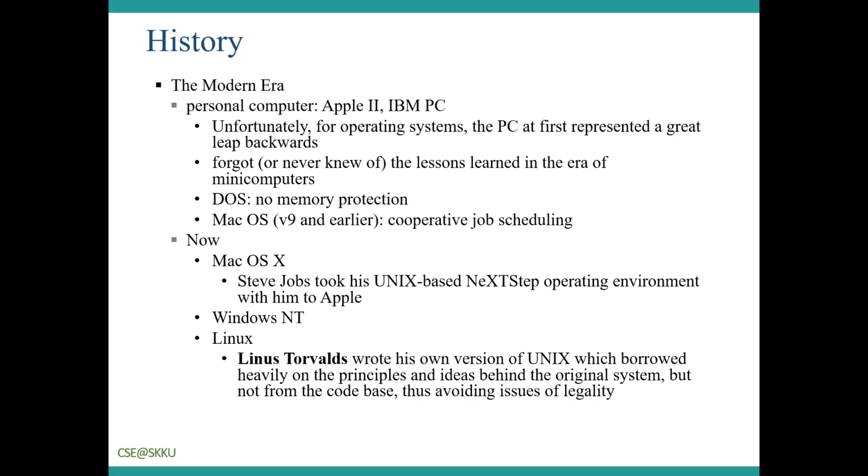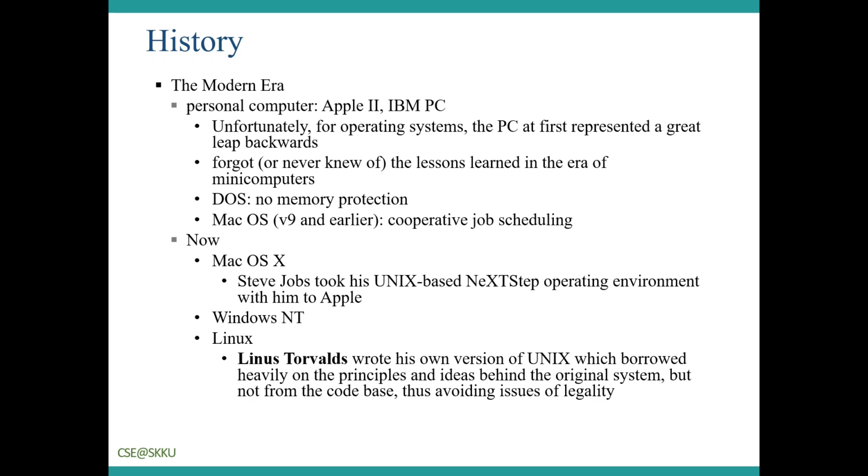Why? Because they were affordable enough that instead of sharing one big machine across a whole group, now you could have one computer per person right on your desk. But unfortunately, when it came to operating systems, the PC was kind of a step backwards, at least at first.